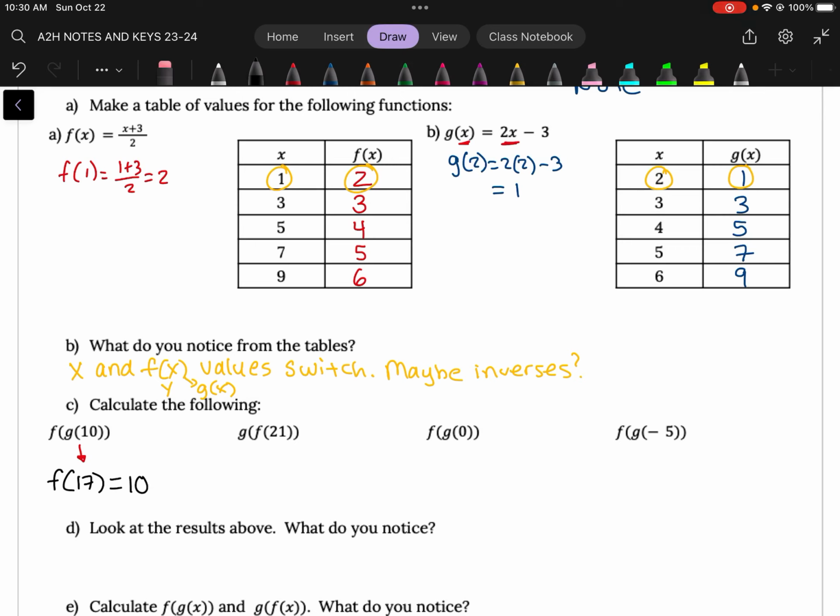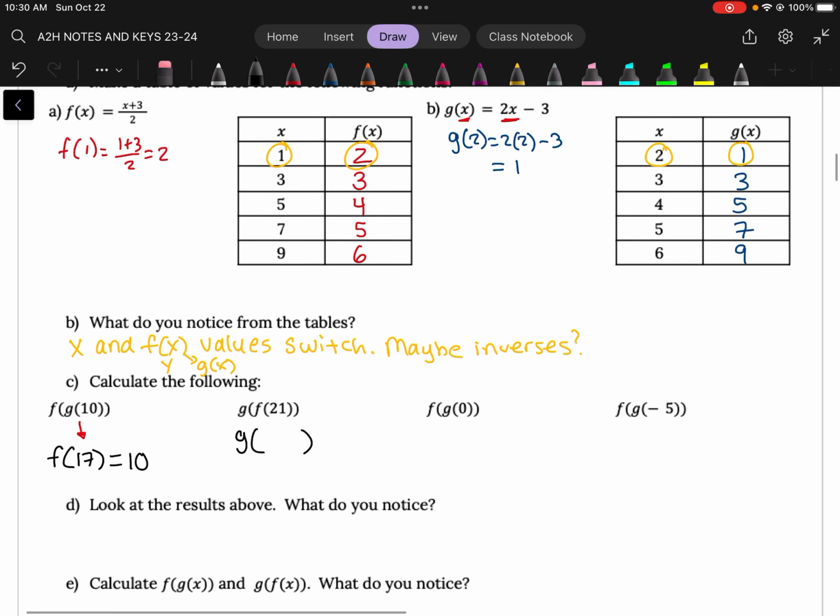I get 10. Okay. Well, what if I did g of f of 21? Well, 21 plus 3 is 24 over 2 is 12. G of 12, 2 times 12, 24, minus 3 is 21.